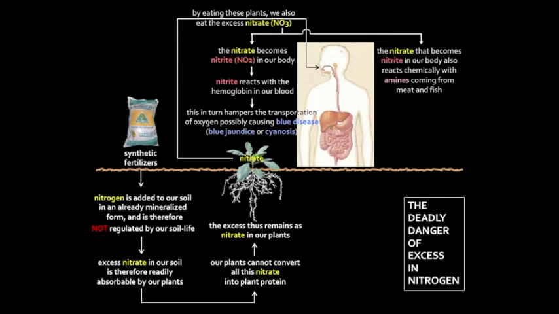The nitrate that becomes nitrite in our body also reacts chemically with aminos coming from meat and fish, resulting in nitrosamines, which are carcinogenic.